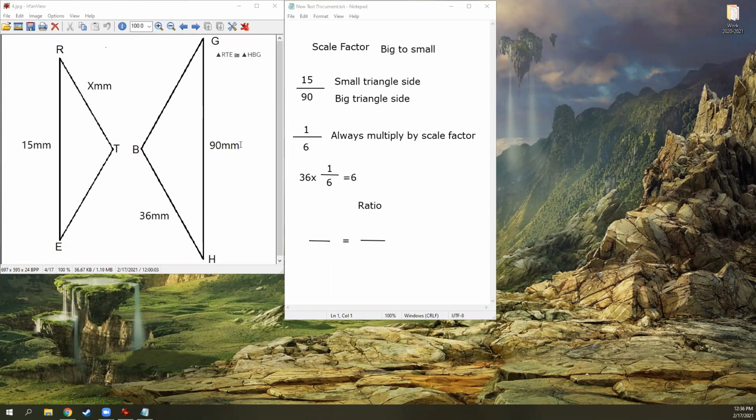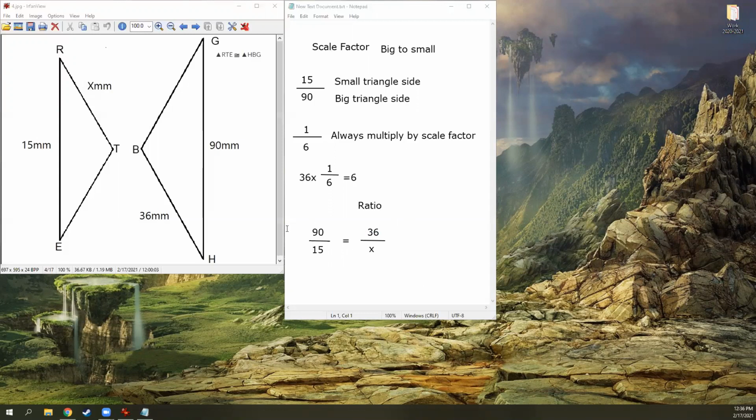We know 15 corresponds to 90. And I'm going to do it differently, right? Because when you do the ratio, it doesn't matter which one's on top so long as the other fraction has the same thing. So I'm going to flip it around. I'm going to do 90 over 15. I went big over small. So now I need to go big over small. 36 over x.